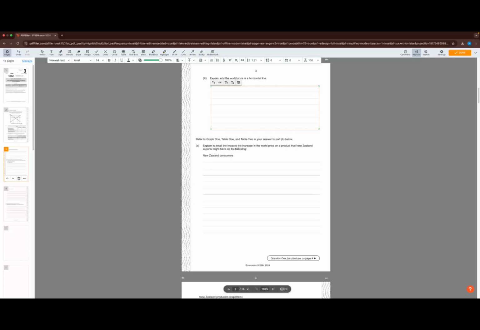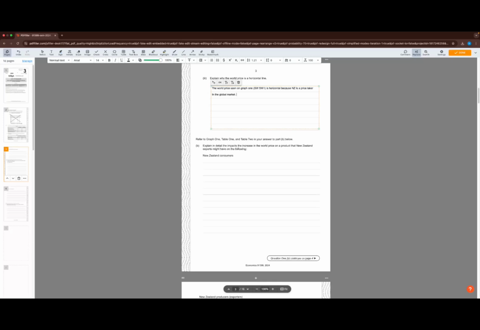So the world price seen on the graph, on graph 1, and we'll just put in brackets, S1 W1, is horizontal because New Zealand, or say NZ, is a price taker in the global market.